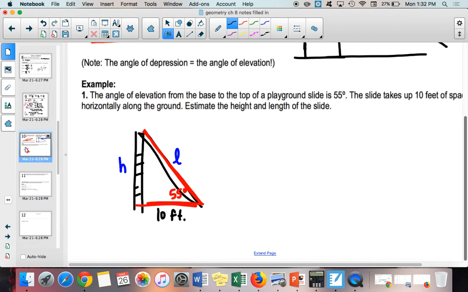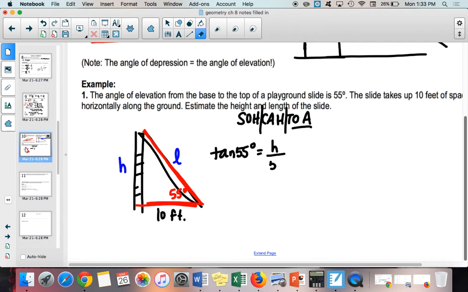What would you use? Write out your word. SOHCAHTOA. So we want opposite and adjacent. Which one do we use? Tangent, right? So we have tangent of 55 equals opposite, which is h, over adjacent, which is 10.